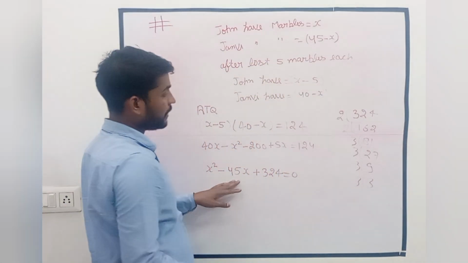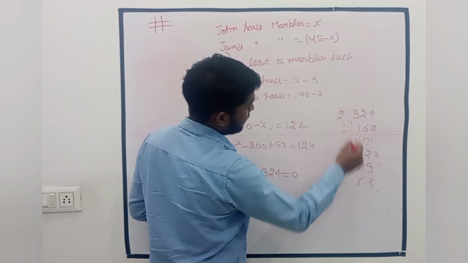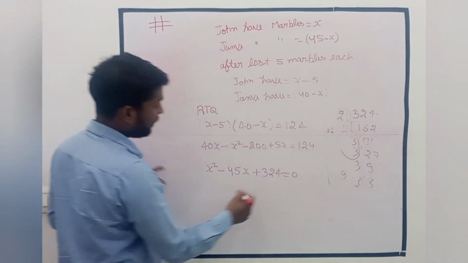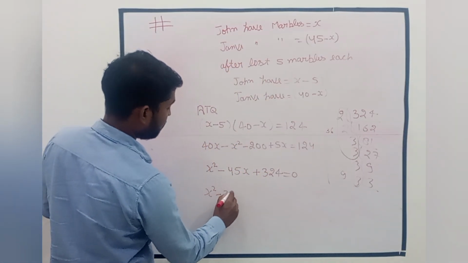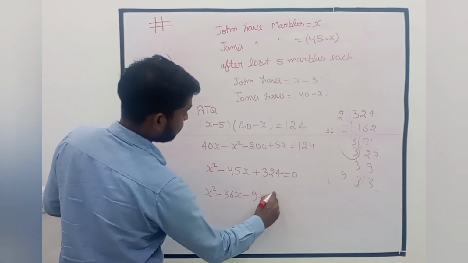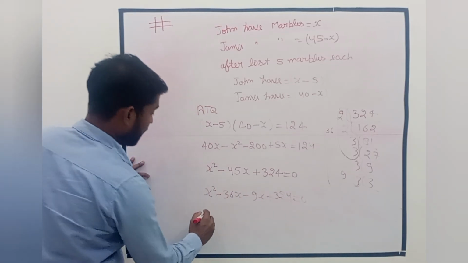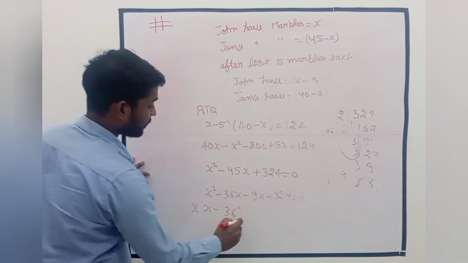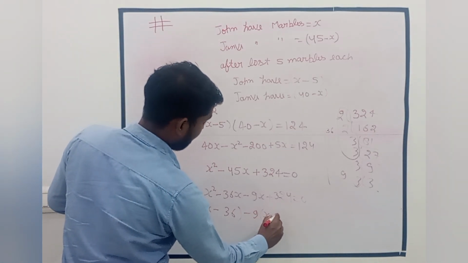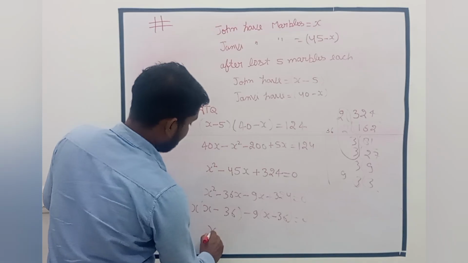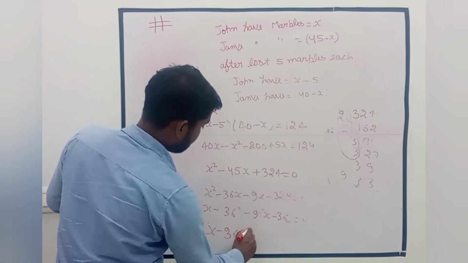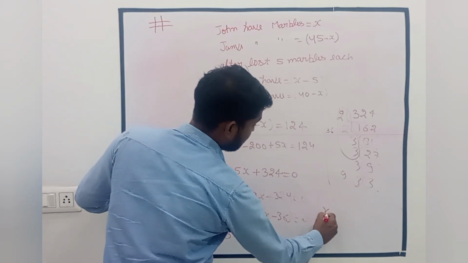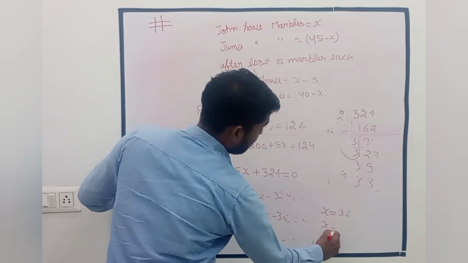From this, the factors are 36 and 9. 36 plus 9 is 45, and then we can write, taking common x from here and 9 from here, the value of x is 36 or 9.